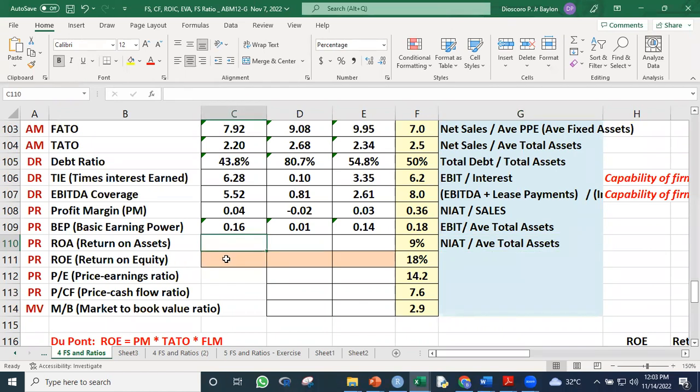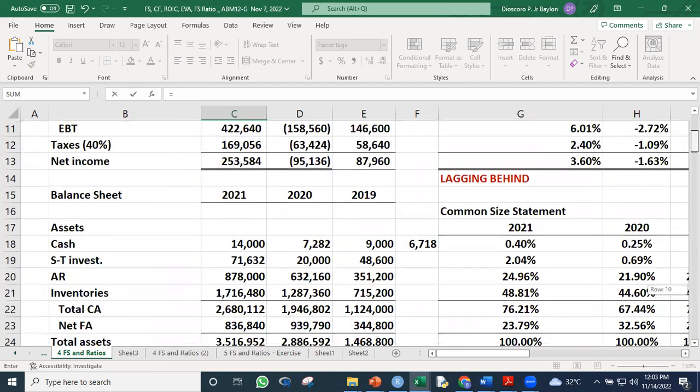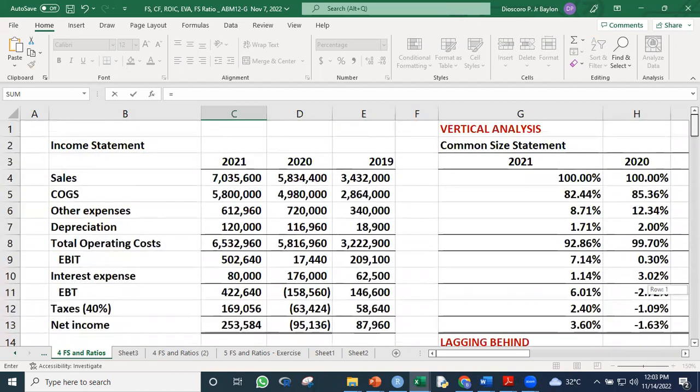And ganun din sa return on equity, no? Sa equity naman, kino-compare natin siya sa bawat piso ng contribution ng owner. So yung total equity. So this one is your net income after tax, net income after tax divided by average total equity natin.